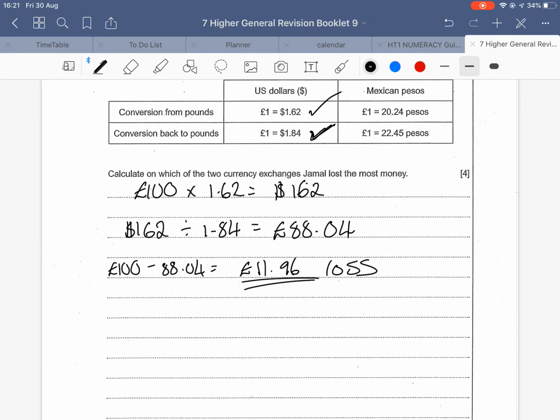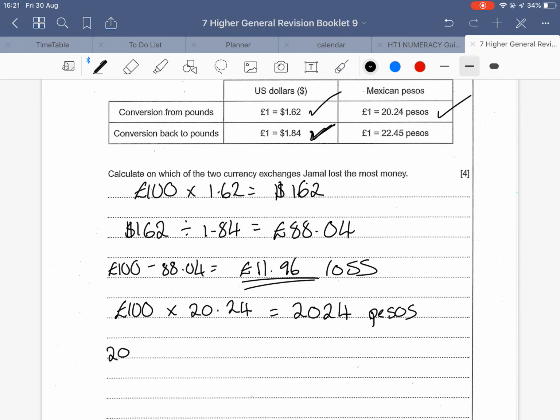Let's do Mexican. So £100, and we're doing 20.24 to start with. Timesing it by 100, so 2024 pesos.